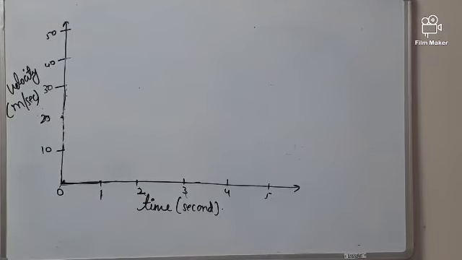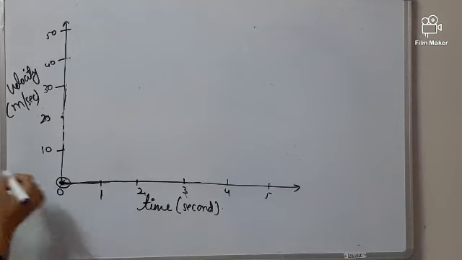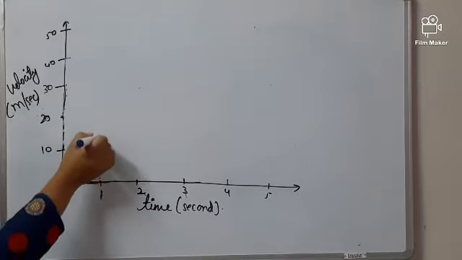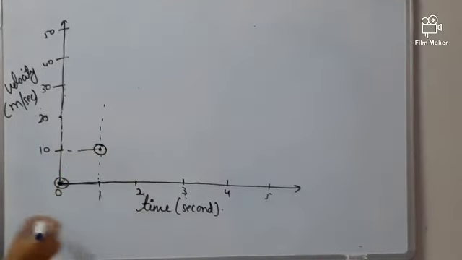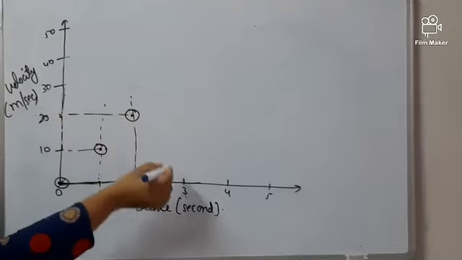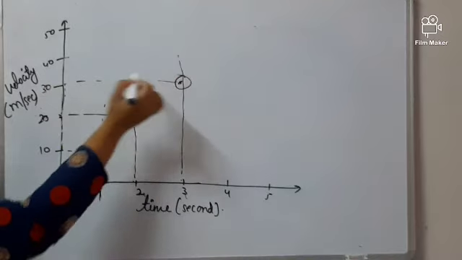Now the velocity time graph for uniform acceleration. Let's take an example again. At time 0, the car has 0 meter per second velocity. When the time is 1 second, the velocity of the car is 10 meter per second. When the time is 2, the velocity of the car is 20. When the time is 3, the velocity of the car is 30.